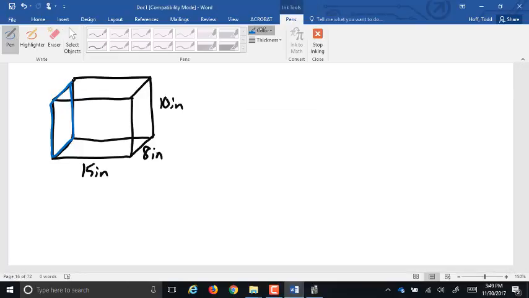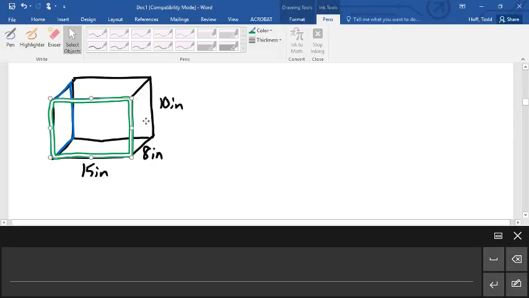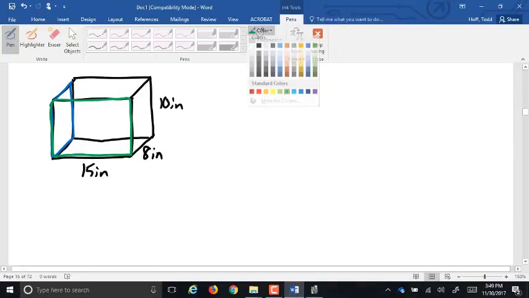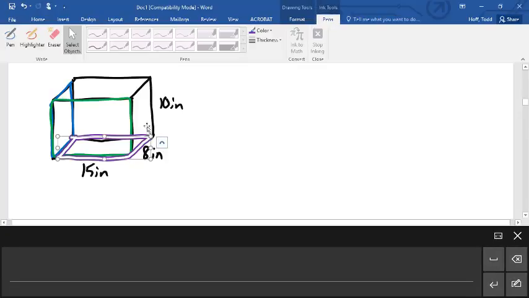Or I could have taken the front and I could have pulled that to make the box, as you can see. Typically, however, we go with the bottom as being our base. As you can see, that can be pulled, lifted up through to create that box as well.